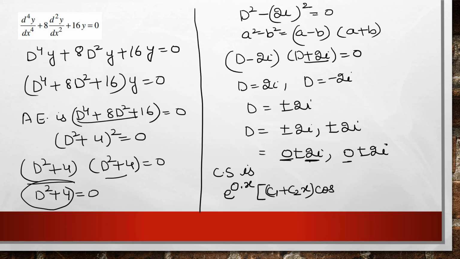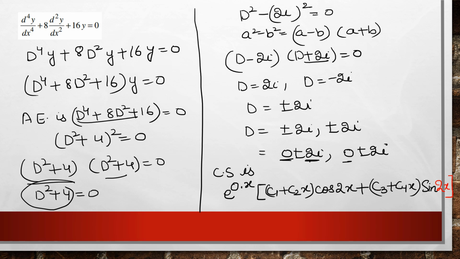What is the imaginary part? 2 into x, plus c3 plus c4 x into sine. Now what is the imaginary part? Imaginary part is 2, okay, into independent variable x, okay. So this is our solution.